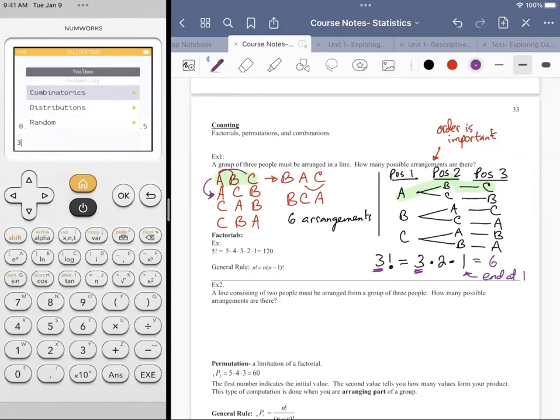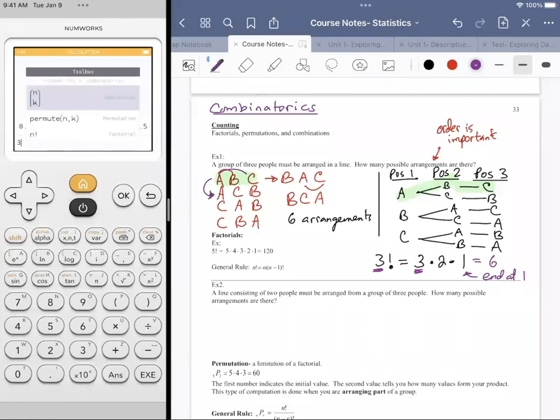So right there, and this is the reason why I mentioned the name of this, is combinatorics. You'll know to look in this particular menu. So you can hit the right arrow or OK.